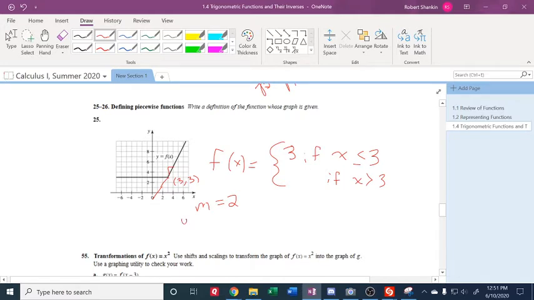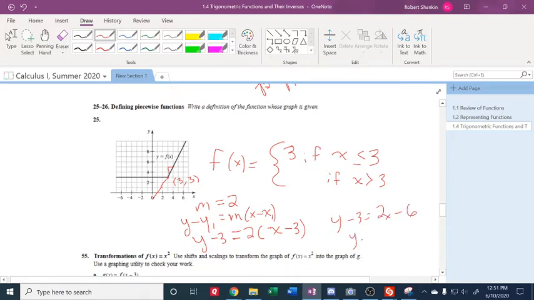So this one has a slope of 2 and it goes through the point 3, 3. So y minus y1 equals m times x minus x1 is the equation of any such line. We'll plug in 3, 3 and the slope of 2, and we get y minus 3 is 2x minus 6.